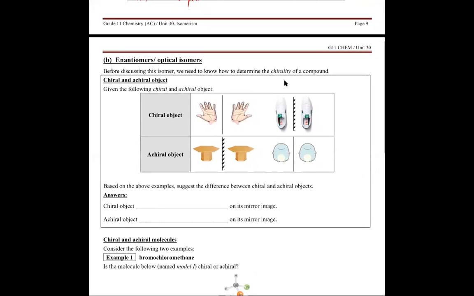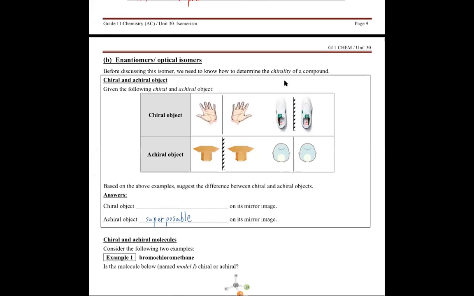So if the object is superposable to its mirror image, we call it achiral, okay?